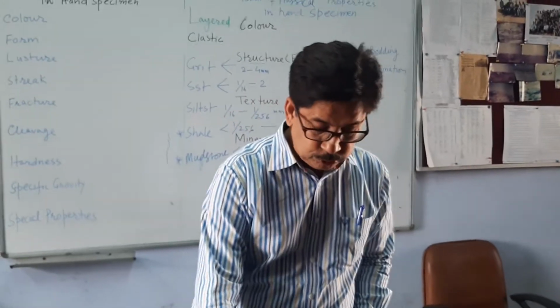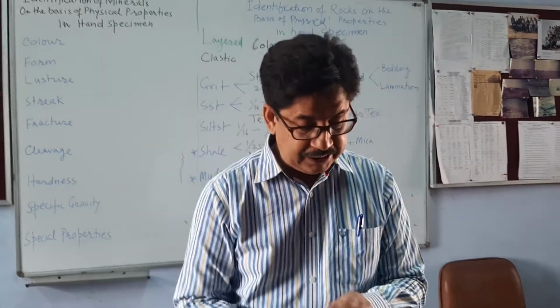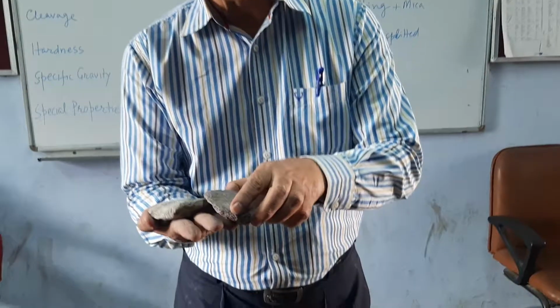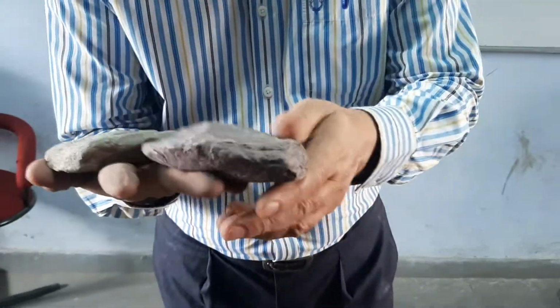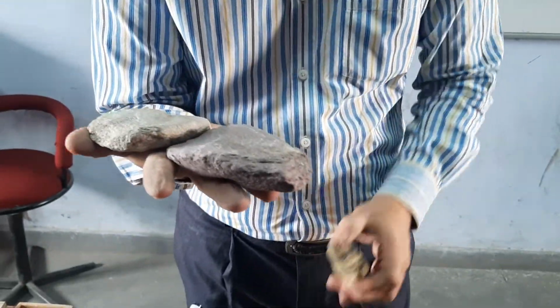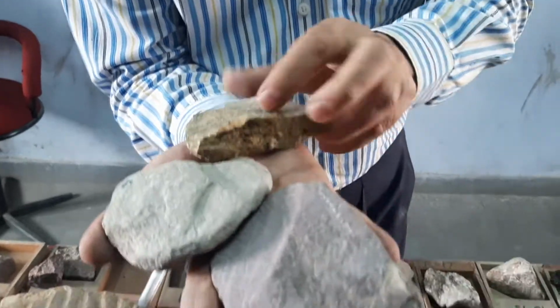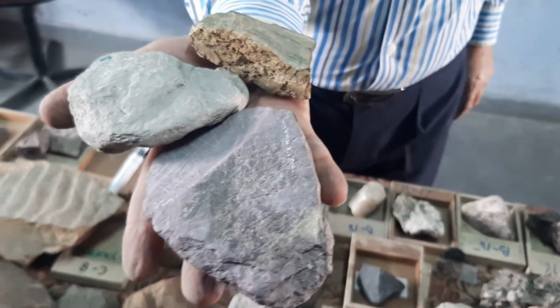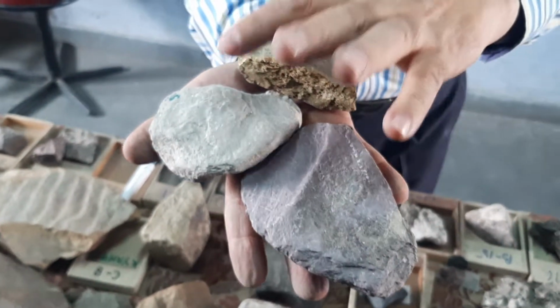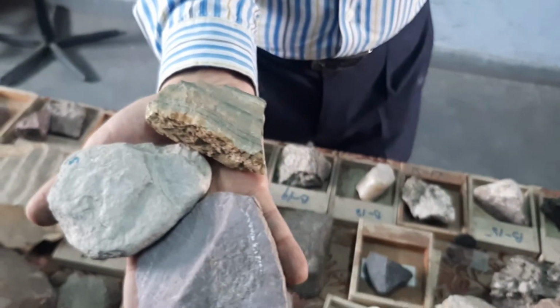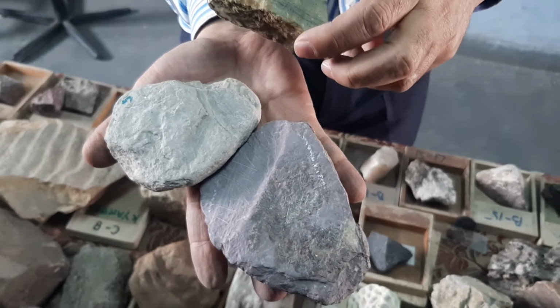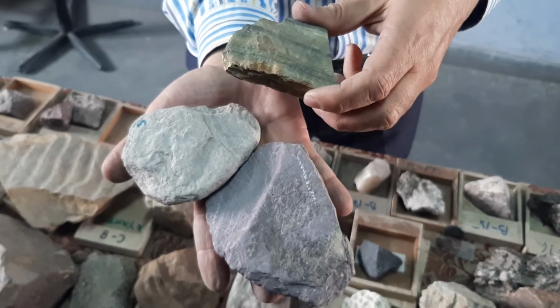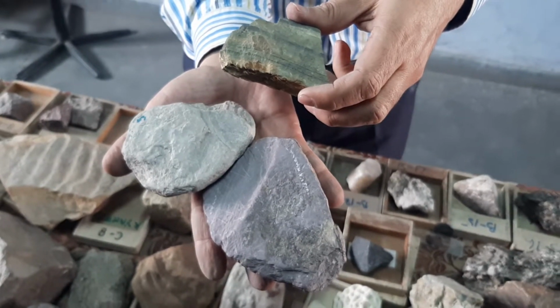Then I would like to show you the shales. See here, these are the rocks which I am calling shale, simply on the basis of the size they have. I am showing you three different colors of shale: one purple, one white and one green. The green must be from a cold climate, and you can see the varves also.